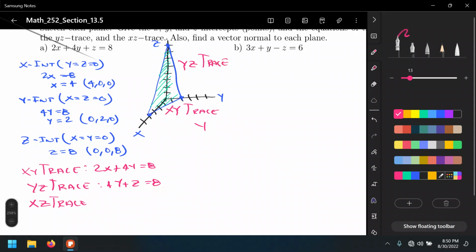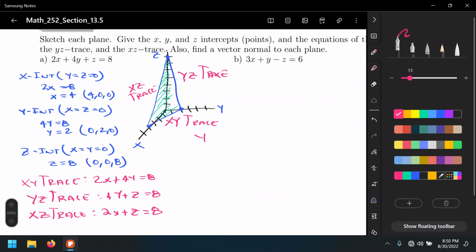And the xz trace. That'll be when y equals 0, so that's only 2x plus z equals 8. All right? Yeah, planes are fine when it comes to drawing them. Those are not that hard as opposed to points or other quadric surfaces.